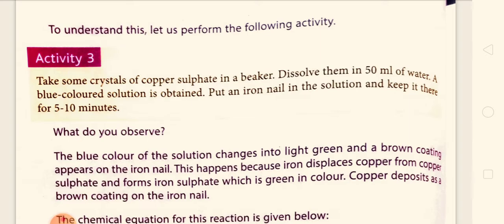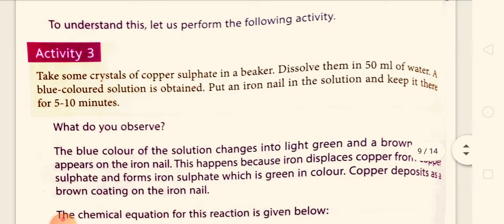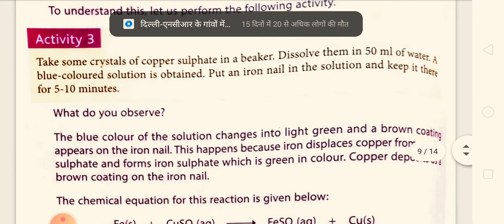What we will observe, do you know what is the color of copper sulfate? The color of copper sulfate is blue. I will show you in the classroom. When we dissolve copper sulfate in a beaker, it shows blue color. But when we dip an iron nail into the solution of copper sulfate and wait for 5 to 6 hours, then what will happen?